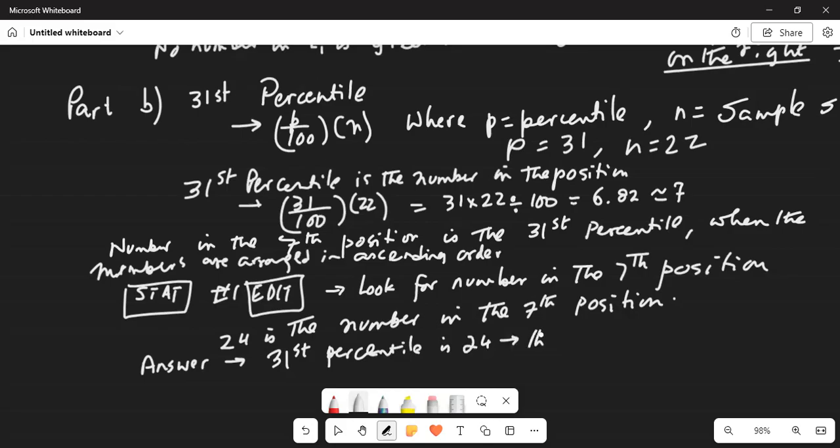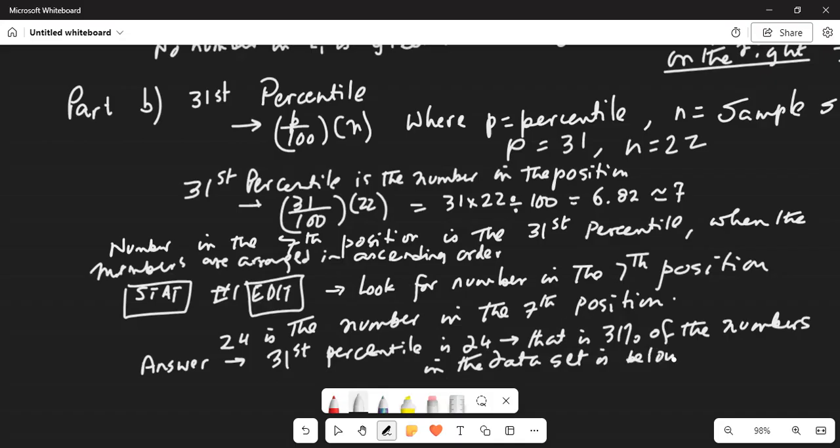That is, 31% of the numbers in the data set are below it. Okay, so that's your answer. The 31st percentile is 24.